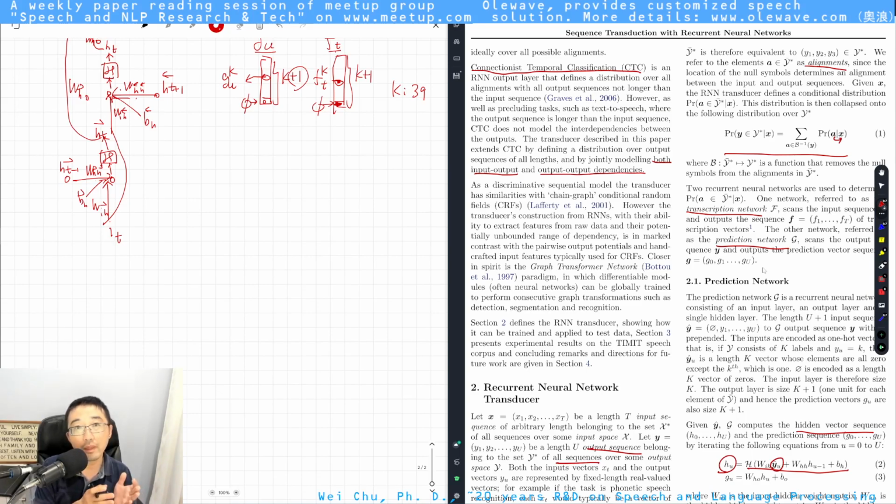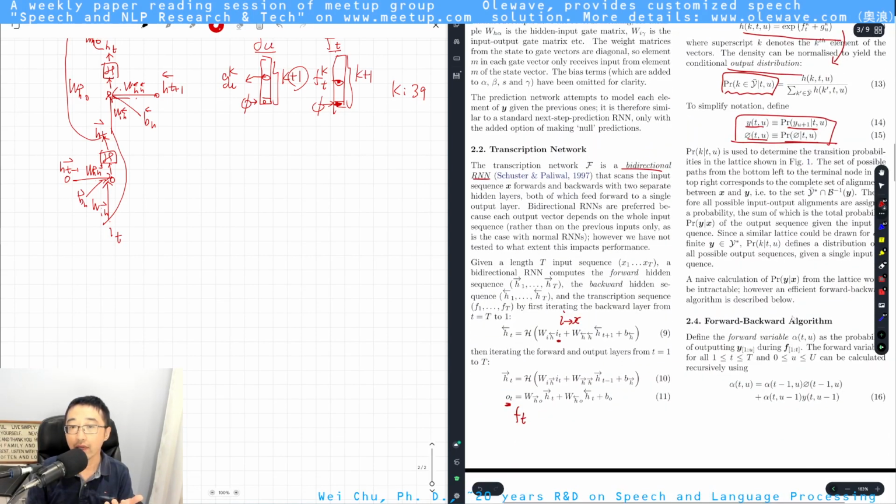It's the probability of an output sequence given an input sequence. It's very sophisticated to compute, because let me mention this again, he breaks down the sequential probability into a summation of the alignment probabilities. But there are so many alignments, so calculating this will cost a lot of time.